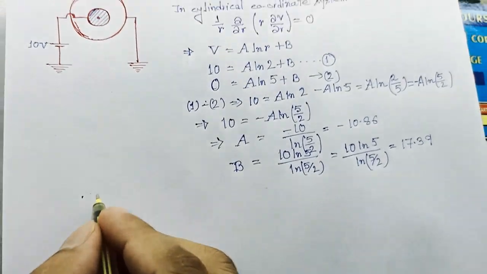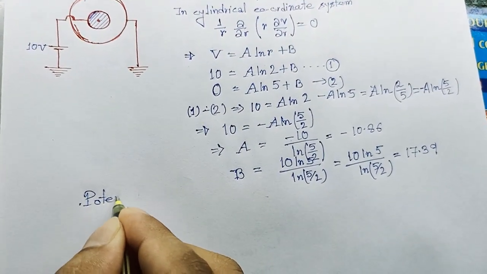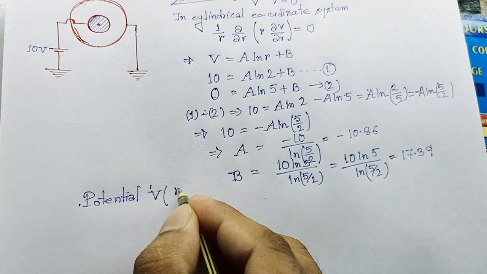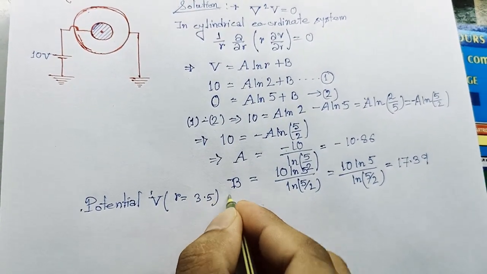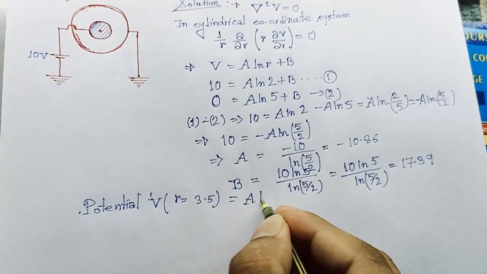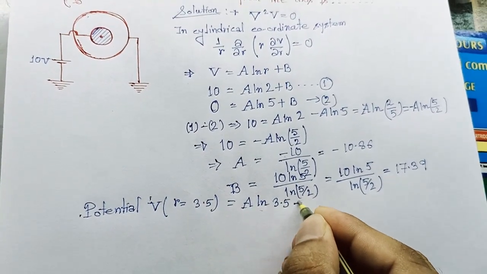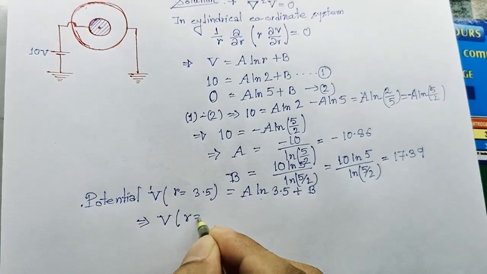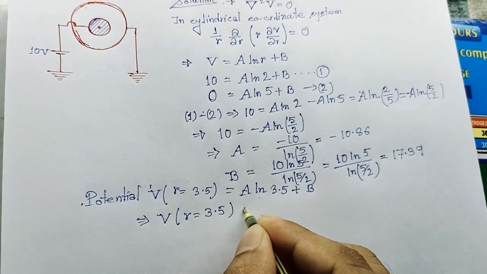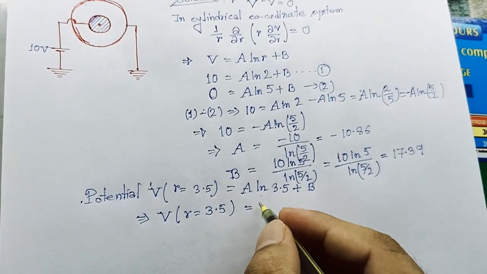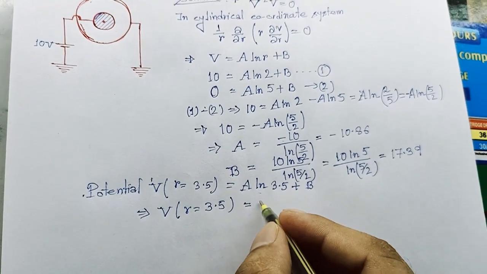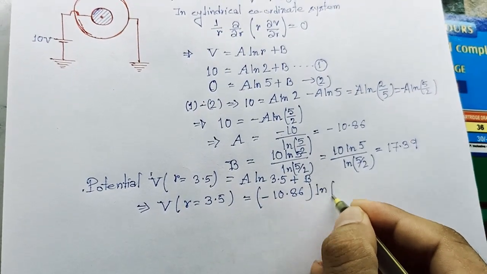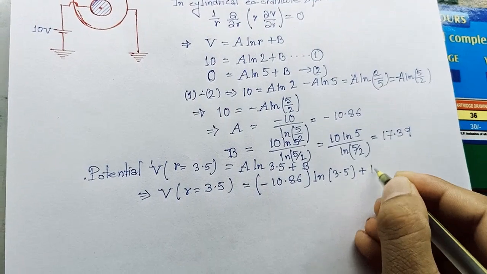We can write potential V at R equal to 3.5 will be equal to A log 3.5 plus B. So V at the point R equal to 3.5, if we put the value of A and B, we'll get minus 10.86 multiplied by log 3.5 plus 17.39.